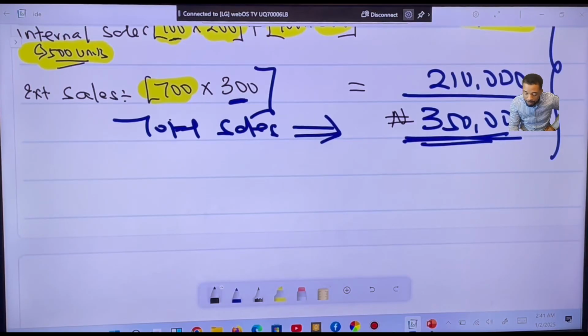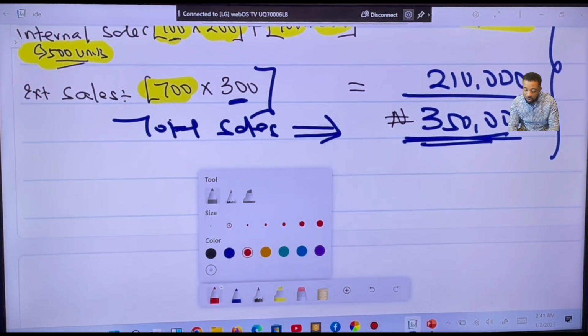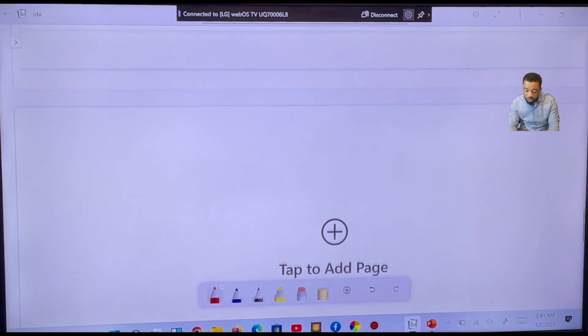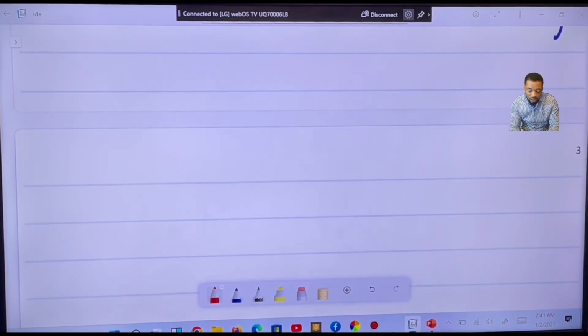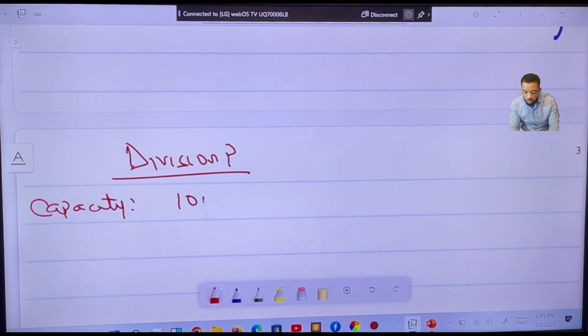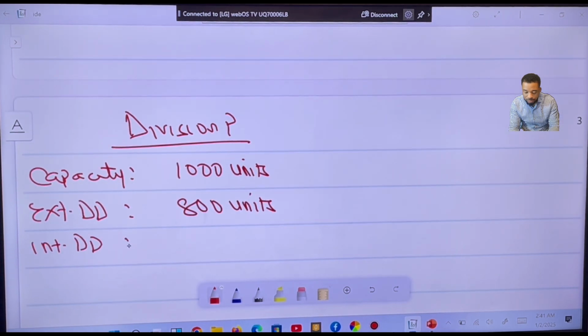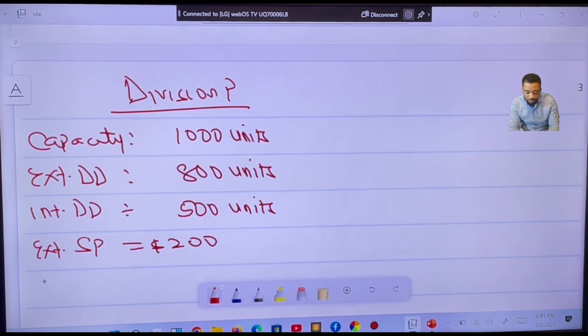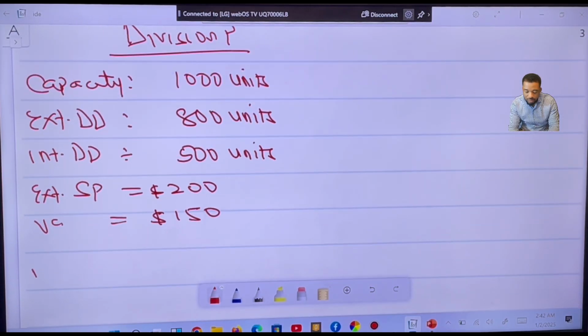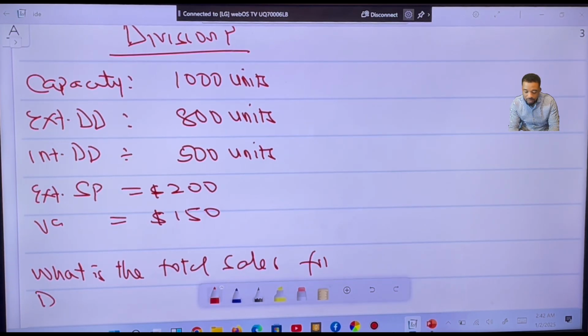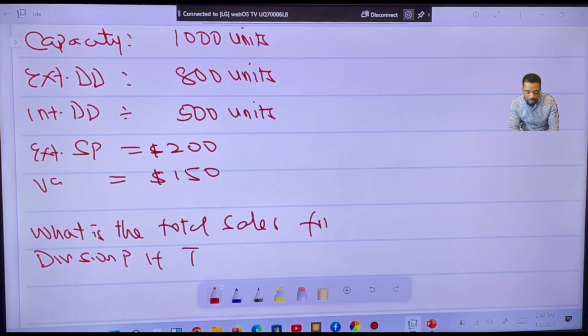All right. So please help me with this and put your answer in the comment section, just to show that you understand what we have done. What is the total sales for division P if transfer price is based on opportunity cost?